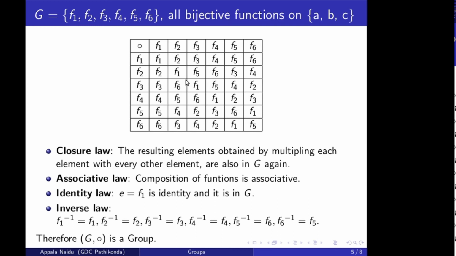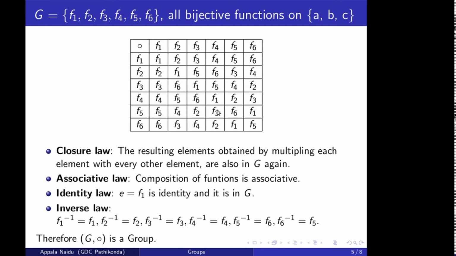In tabular form if we write, this looks like this. So in this table if we see the composition of every possible combination is again in G. So the results obtained by compositing every possible combination of functions is again either F1 or F2 or F3 or F4 or F5 or F6.